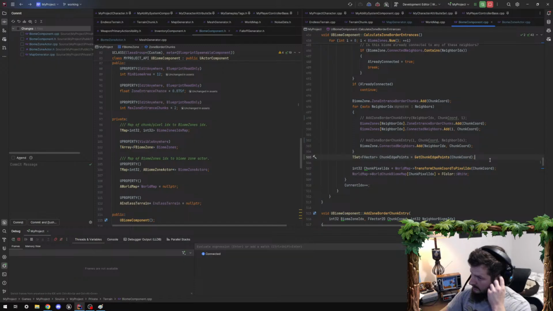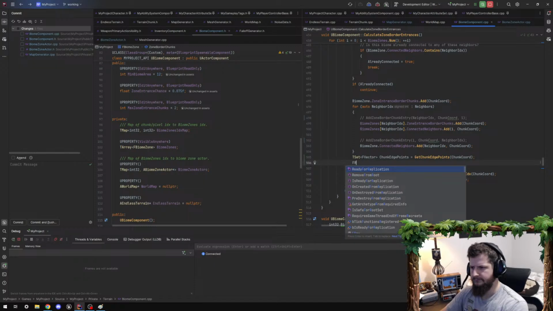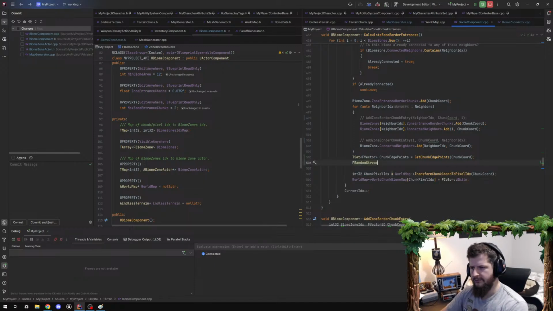Okay, I need to pick an index. F random stream RNG equals F random stream with my noise data seed, which is going to be the endless terrain noise data seed, and then I want to add the chunk coordinate to that.